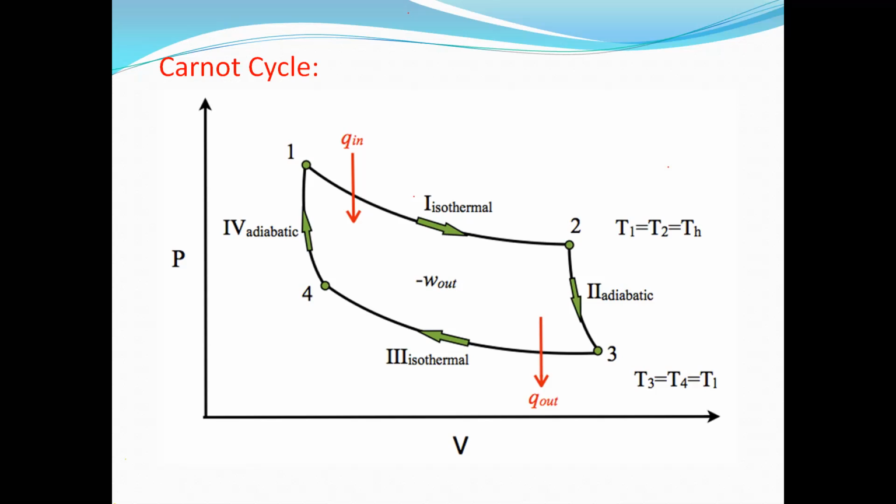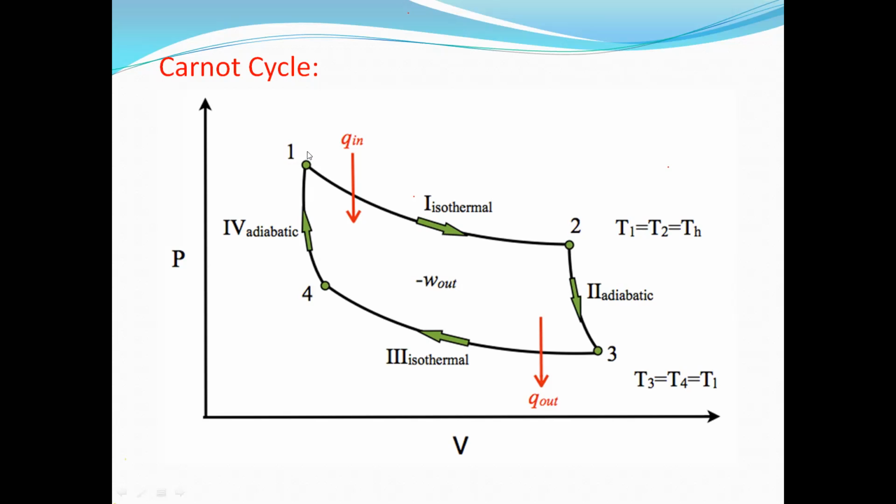So we have to write first that Carnot cycle works in 4 steps. So what are those 4 steps? The isothermal expansion, then adiabatic expansion, then isothermal compression, and adiabatic compression. See here, I have shown this Carnot cycle in the diagram.